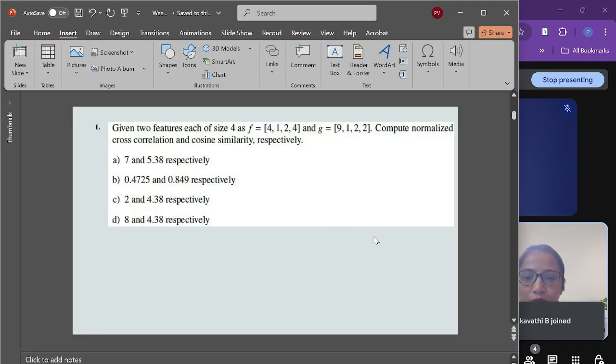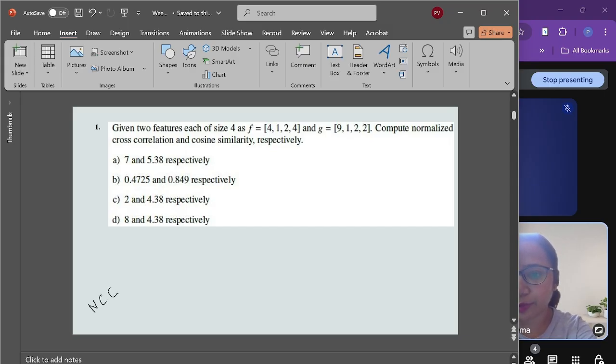Okay, so here the two feature vectors f and g are given. Now we need to calculate the normalized cross correlation and cosine similarity. To calculate the normalized cross correlation between the two feature vectors f and g, it is calculated by this formula.